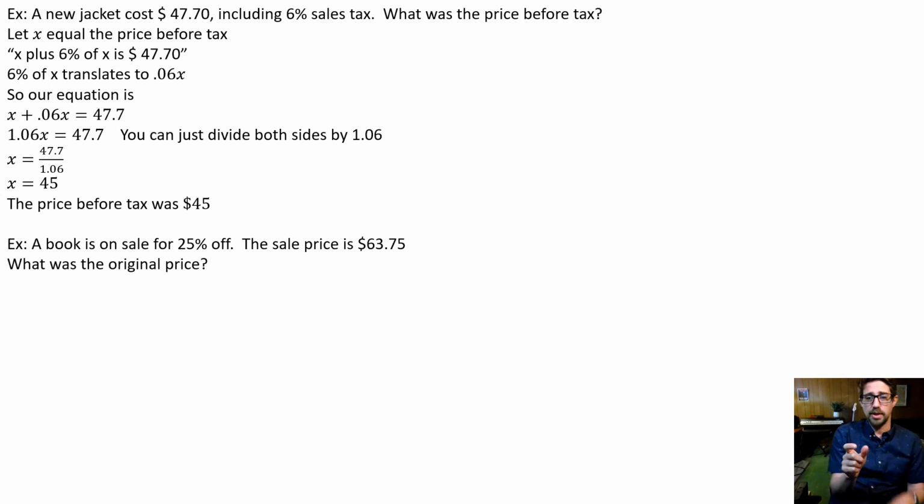So same kind of thing. That 25% is 25% of a thing we don't know. It was the original price, whatever it is, and then taking 25% off of that. So we don't know the original price, so that's what we're going to call x.